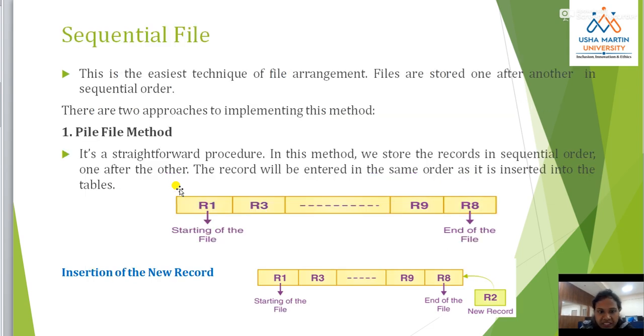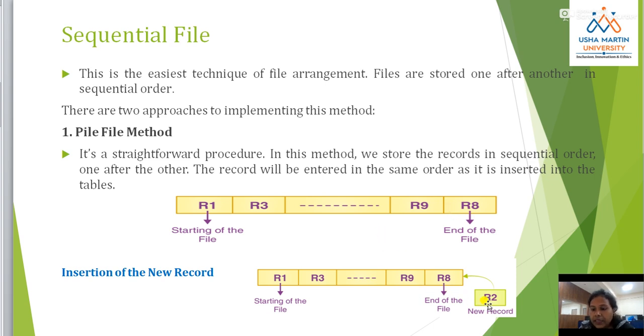In the file method, in the diagram you can see, suppose this is the organization. Records R1, R3, R9, R8 and many more are there previously. Suppose a new record came. How do we insert that new record in the file?